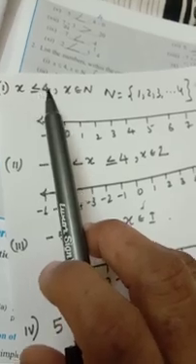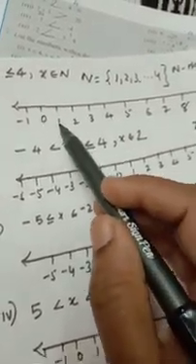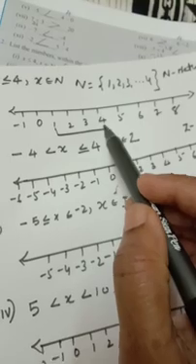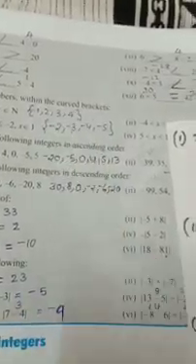You want x, any number, that should be less than or equal to 4. It can be 4, it can be less than 4. Which are the numbers? Natural numbers starting from 1. So 1, 2, 3, 4. Clear? The answer is 1, 2, 3, 4.